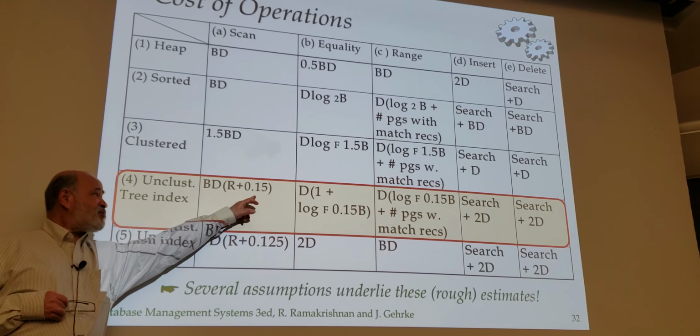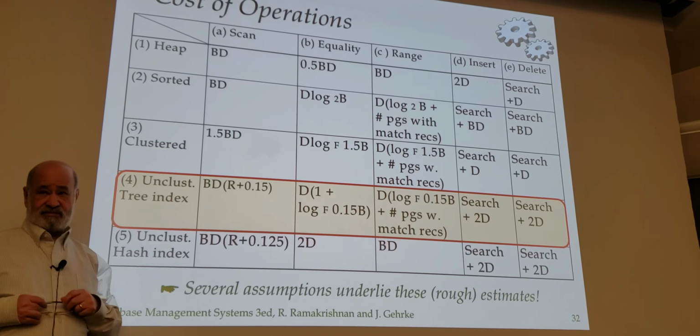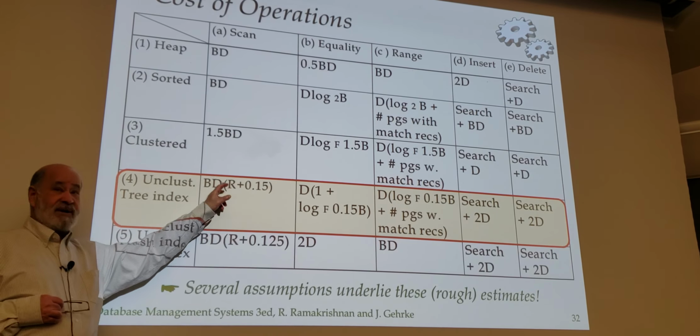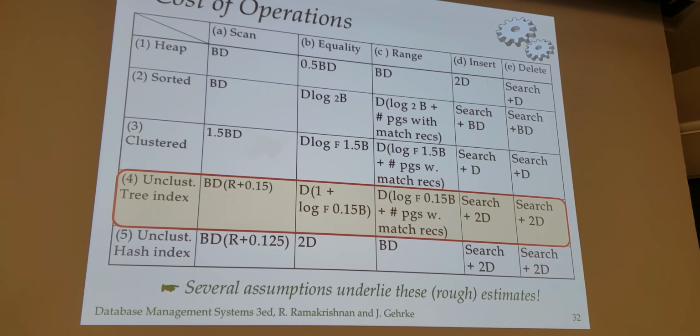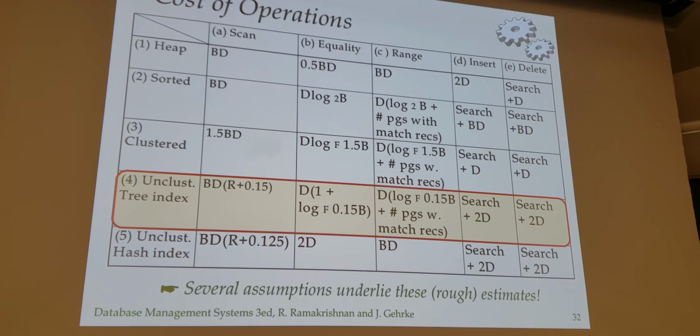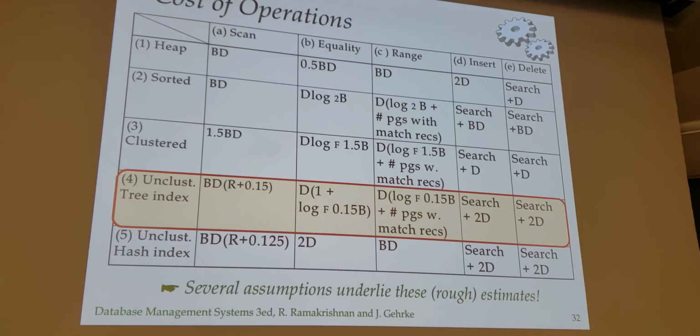Walk through all the pages of the index, 0.15 BD. Get the pages in, and every time you need one, you're going to have to get it. Why do I say this is a really stupid entry in the diagram? You know what's really going to end up happening in practice?